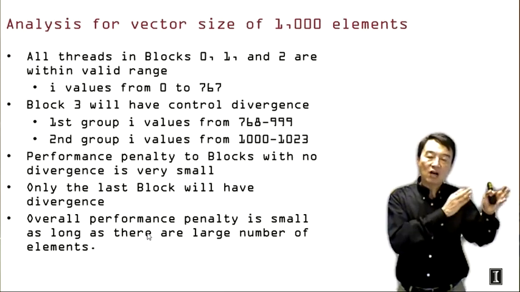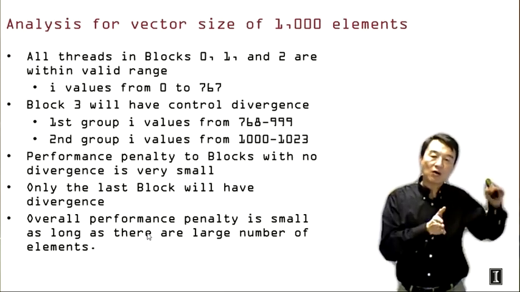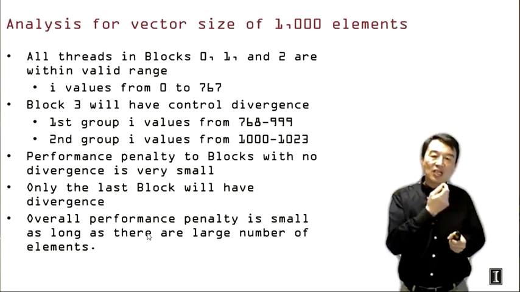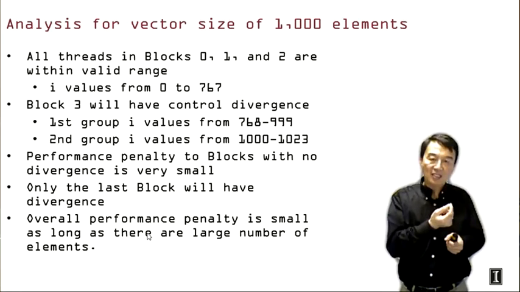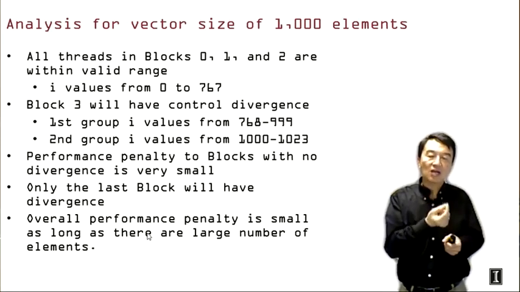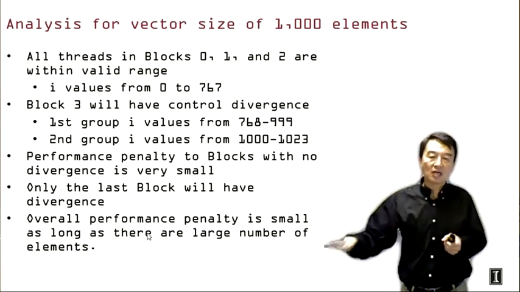So 24 of those threads in the last warp will want to go one path, and the first 8 of the threads of the warp will go in the other direction.